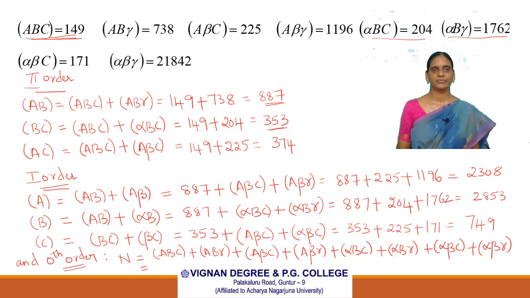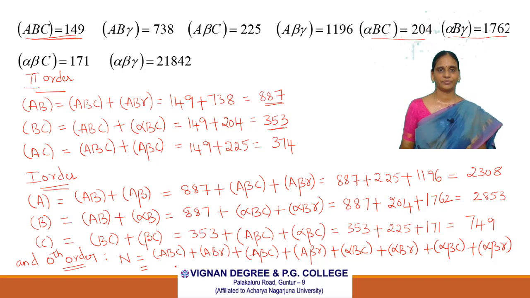So sum of the third order all class frequencies, we get the value of capital N. So that value is 26287.